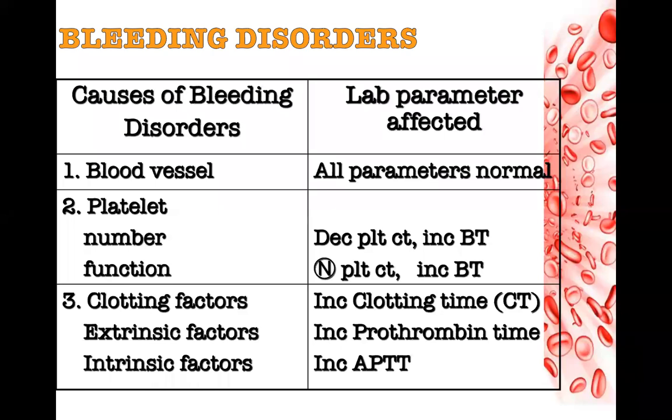If we talk about clotting factor abnormalities, there could be prolongation of the clotting time, and then if we are talking about deficiency in the extrinsic factor, the lab parameter would be your prothrombin time. Intrinsic factor, the lab parameter that we use is your APTT or activated partial thromboplastin time.